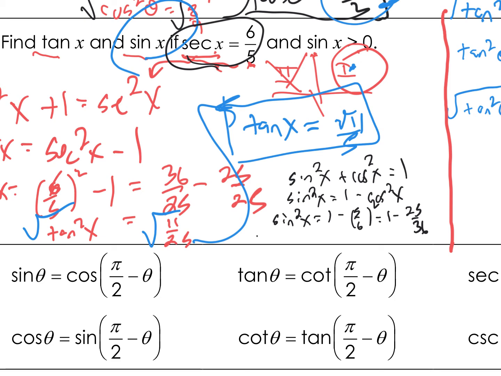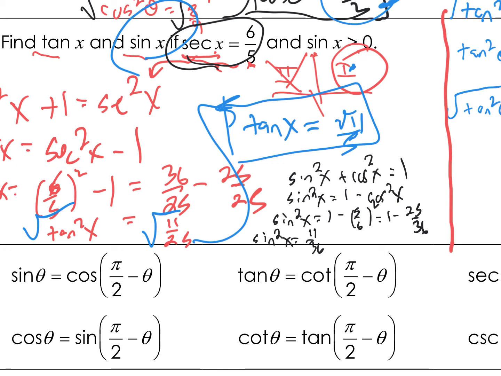So I'm going to continue. Sine squared x must be equal to, another name for 1 is 36 out of 36, 36 minus 25 is 11.